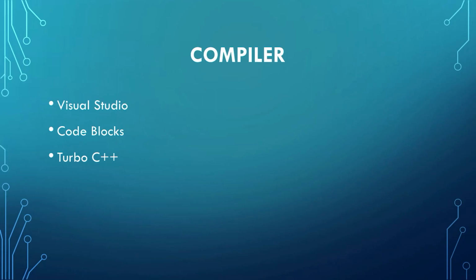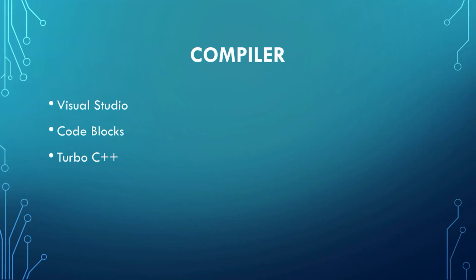The CodeBlock is bit lighter as compared to Visual Studio. If you want to work with CodeBlock, you can work with it. If you want to work with Visual Studio, you can also work with it, but I will suggest you to work with Visual Studio. I will send you the links for both of these compilers shortly, and I will also guide you how to download and install these compilers.